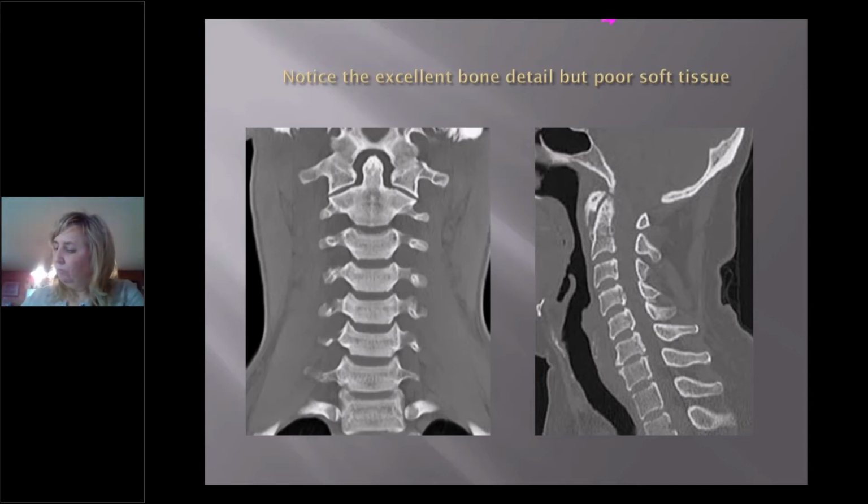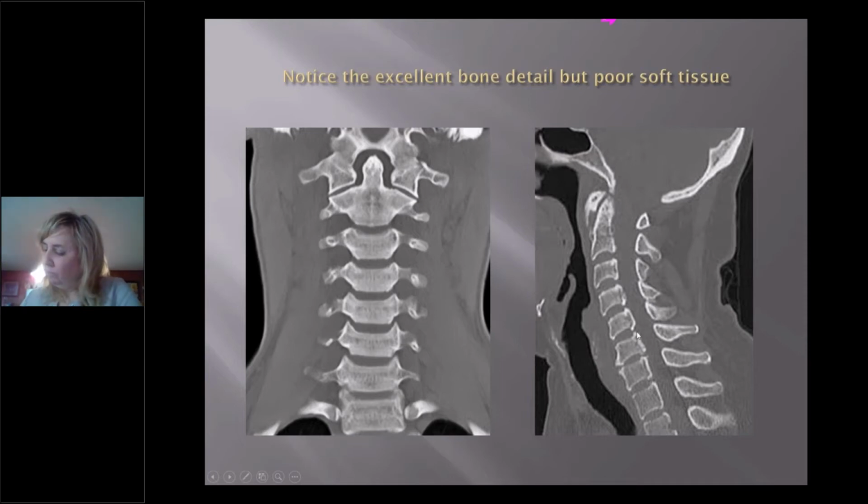You don't see anything. And look at the brain. Do you see the brain stem or the brain here? No, you don't. It's a waste of money. You just don't see good detail if that's really what you want to know soft tissue wise. Don't spend your money on a CT. This guy or gal could have a huge herniated disc in their neck.